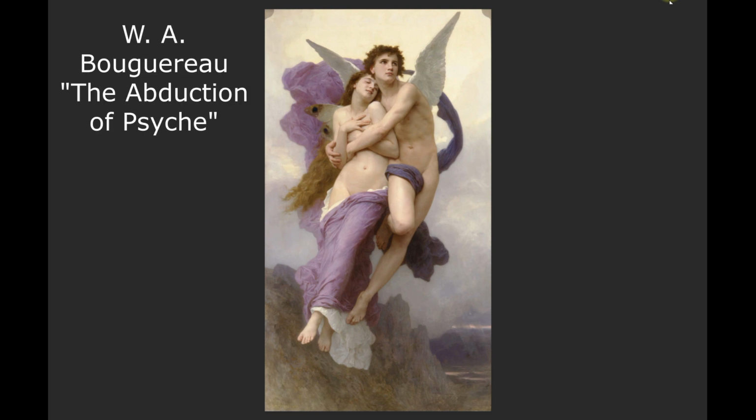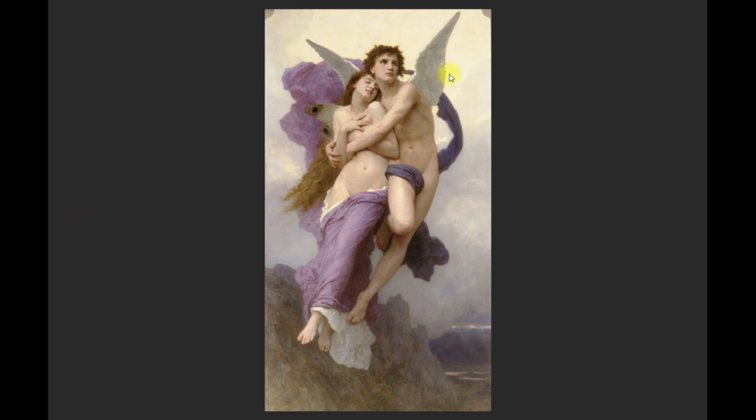All right, we have a beautiful example of lost edges here with William Adolphe Bouguereau's painting The Abduction of Psyche. Here Cupid and Psyche are painted beautifully by Bouguereau as usual. You can see the lost edges are obtained by values.